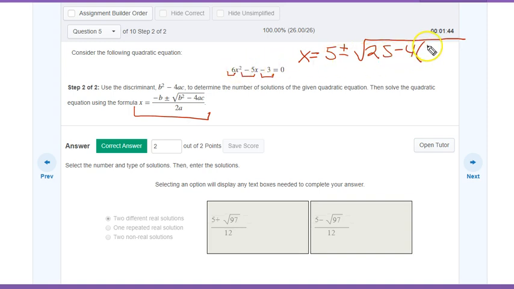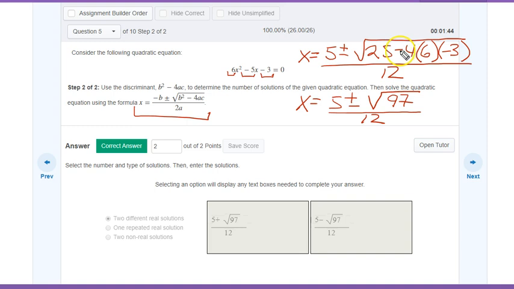A is going to be 6, and C is a negative 3, and that's all over 2A, which is 2 times 6, which is 12. So now you have to do your calculation and then see what you get for an answer, and keep in mind you need to simplify if possible.